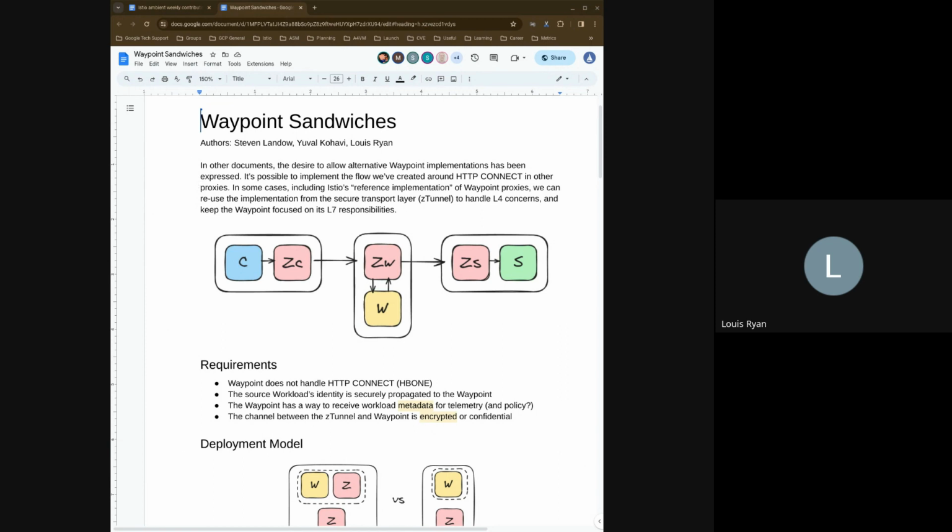All right, remember, there are two types of traffic going into the waypoint. One type of traffic is already load balanced, where S is already known, and that's an easy case, right? We call that to workload traffic. The other situation is where you're going into W, and W has to perform load balancing, right? So that's a service. And we call that to service traffic.